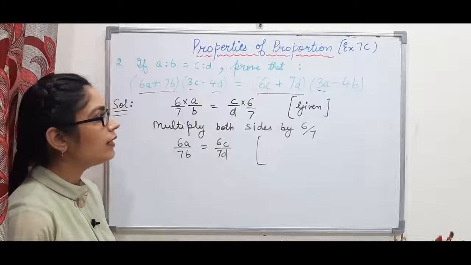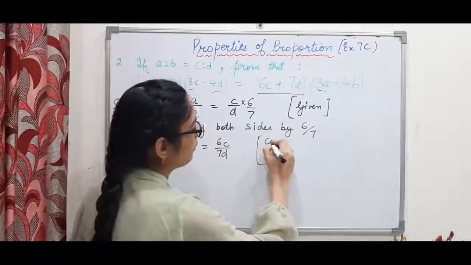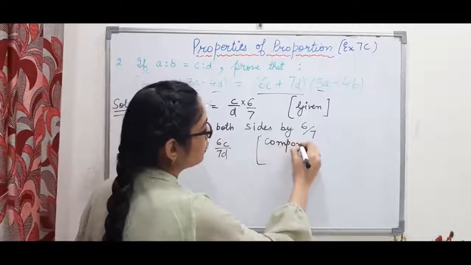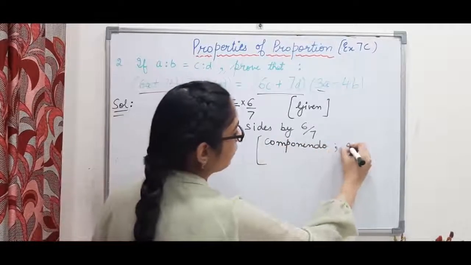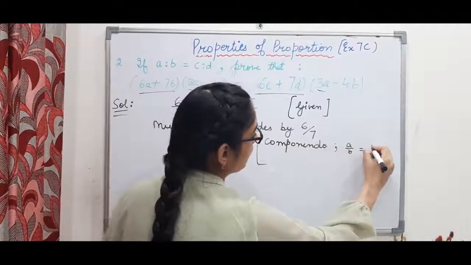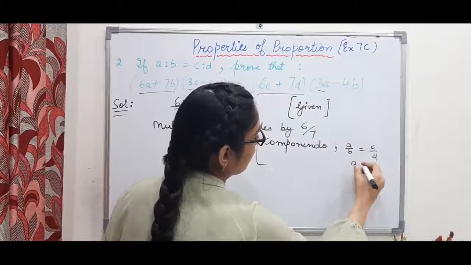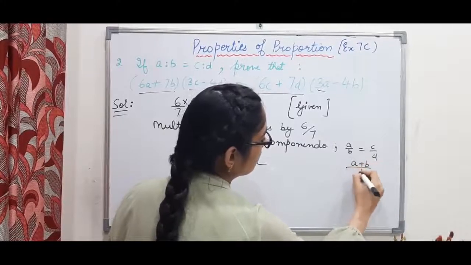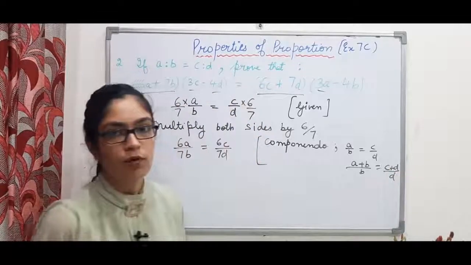Related to addition, one property we know, that is componendo. So componendo we can use here. According to componendo, if a by b is equal to c by d, then a plus b by b is equal to c plus d by d. This is the result of componendo.